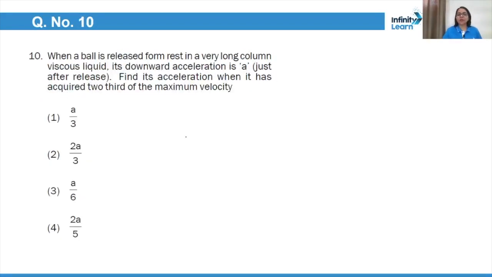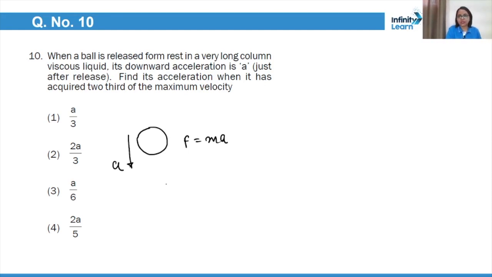Question number 10. A ball is released from rest in a very long column of viscous liquid. Its downward acceleration is a just after release. Find its acceleration when it has acquired 2/3 of the maximum velocity. So maximum velocity will be terminal velocity. When it is just released, its force will be m into a, and it is moving in the downward direction with acceleration a.